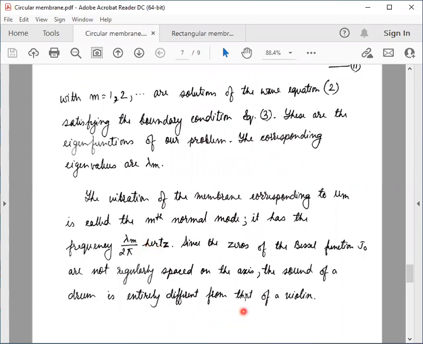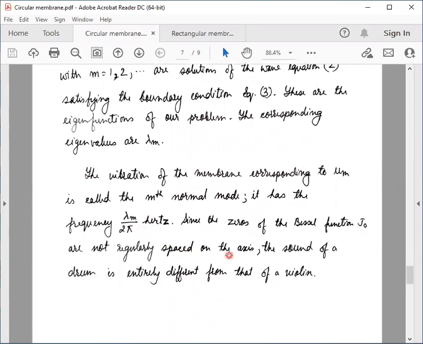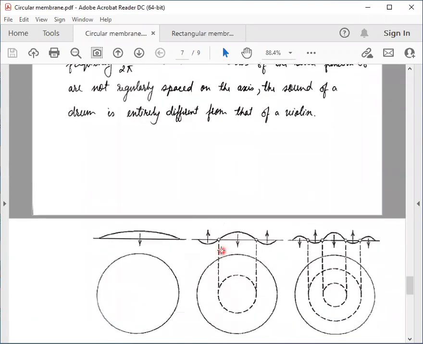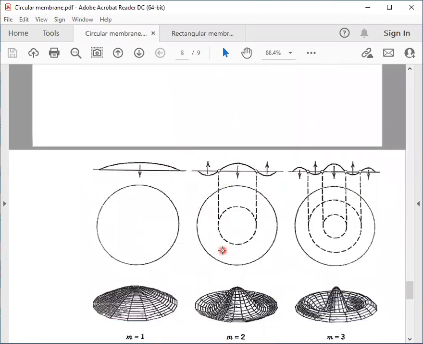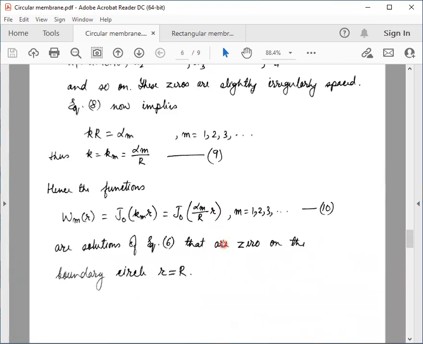So the sound of a drum is entirely different from that of a violin, because for a vibrating string, the values of lambda m are multiples of lambda 1. Here, the lambda m's are not multiples of lambda 1. The forms of the normal modes can be easily obtained from this figure.